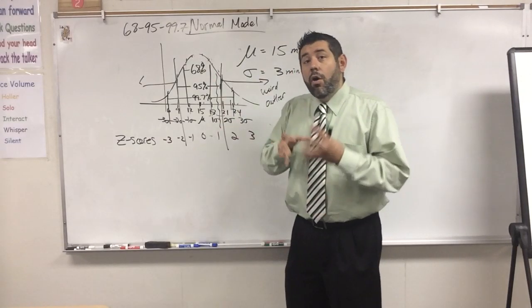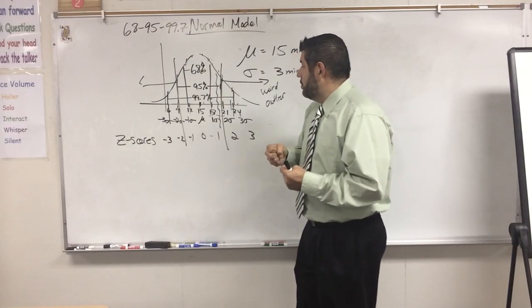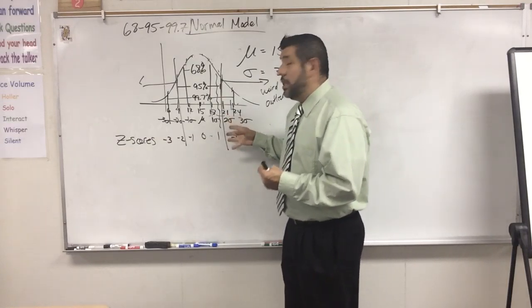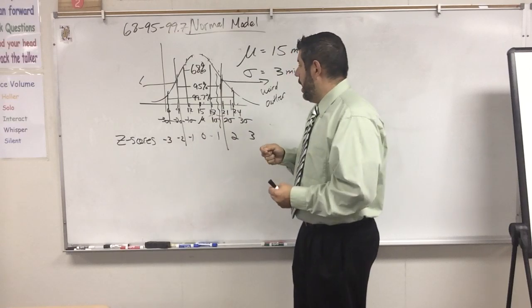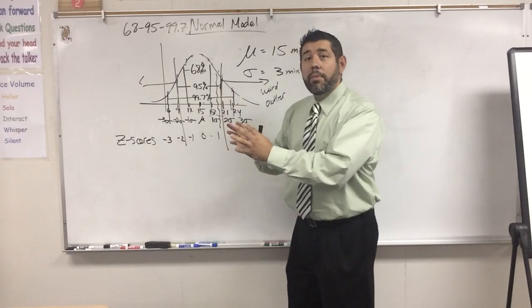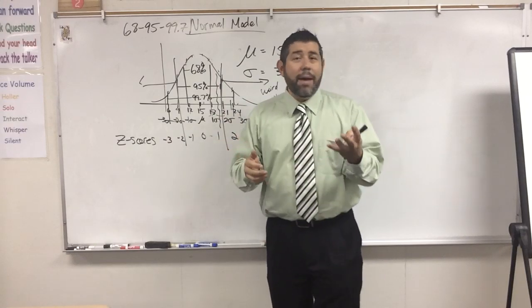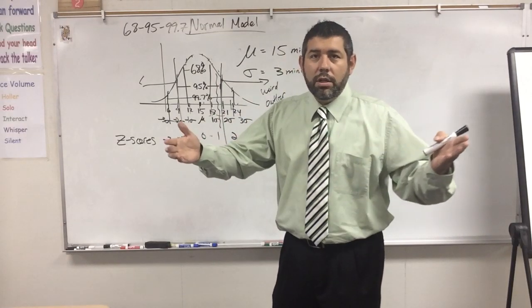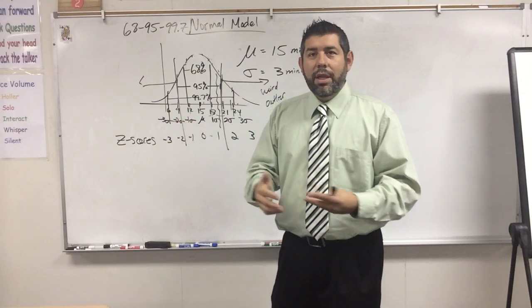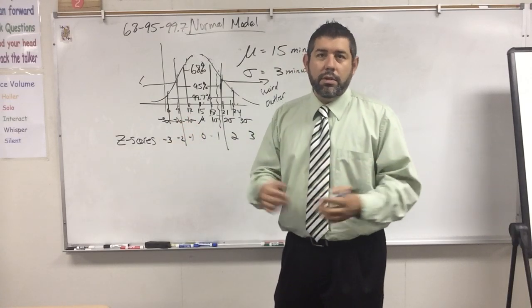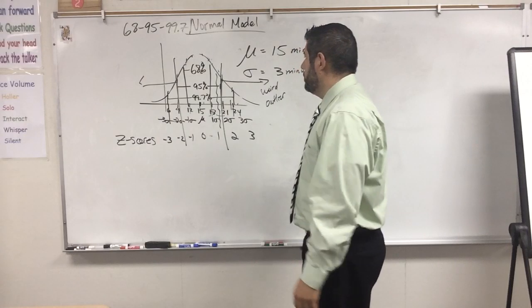Maybe we know the Z-score, and we want to know how much of the population is between 2 Z-scores. It happens that the Z-score is not always going to be like 1, 2, 0. It could be like 1.5 or 1.23.